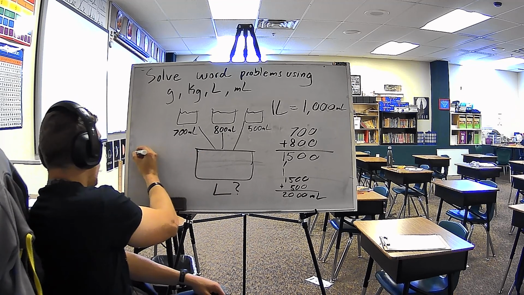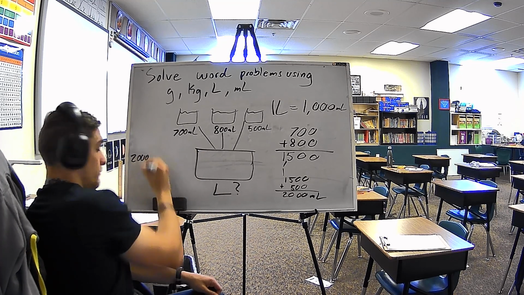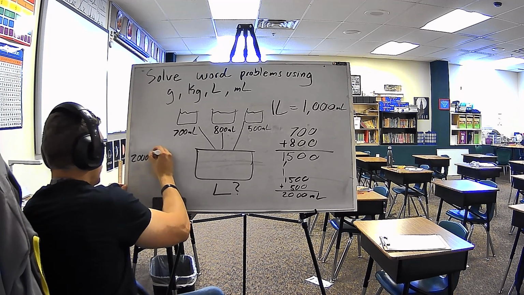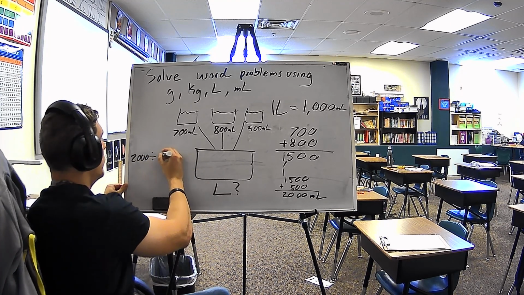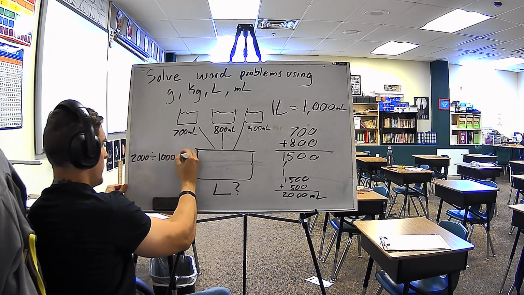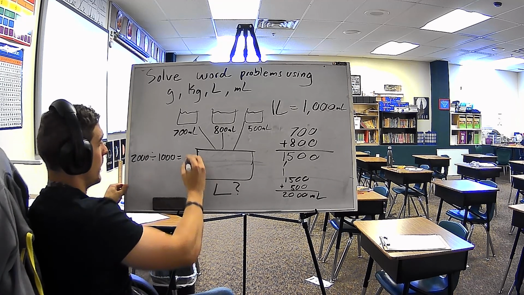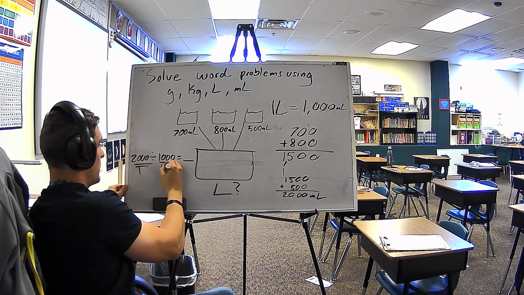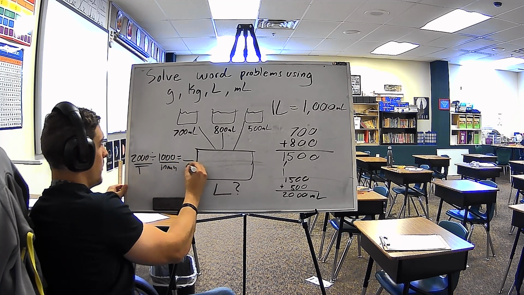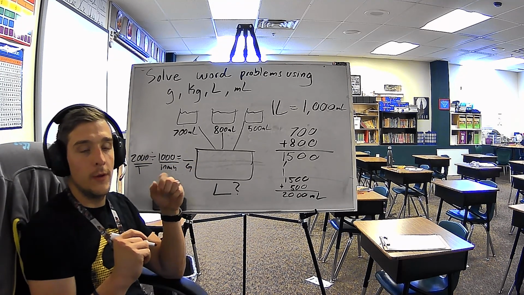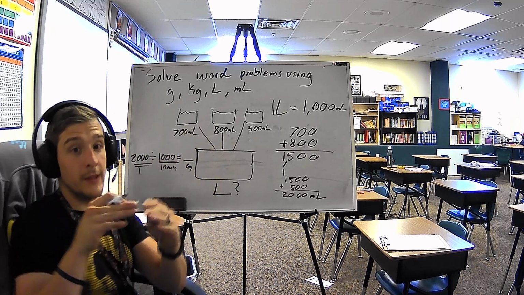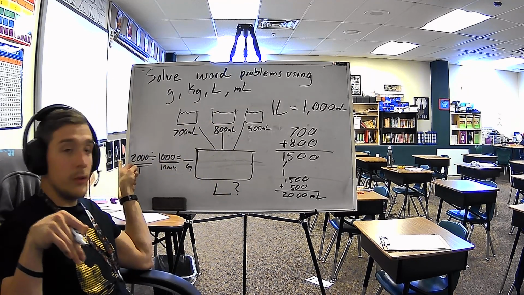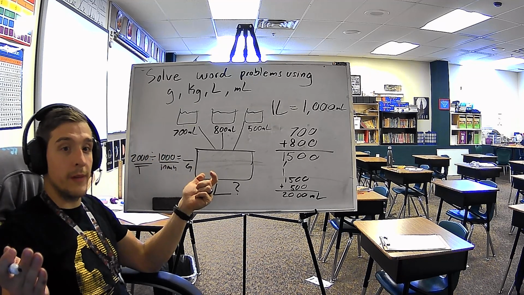I have a total of 2,000, right? I'm going to divide them into groups of 1,000. And I'm asking, how many groups do I have? So here's my total. Here's how many are in each group, and I'm asking, how many groups do I have? So if I take 1,000 here and 1,000 there, and I used all 2,000, how many groups of 1,000 will I have?